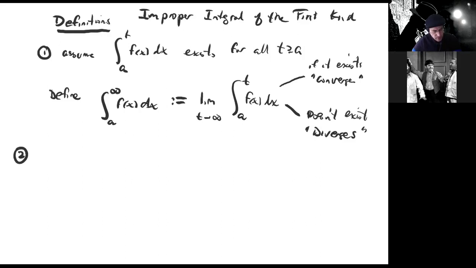There's another kind of improper integral of the first kind, which has t in the bottom limit of integration and then some number b at the top.